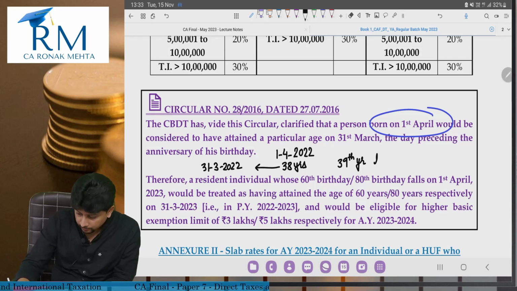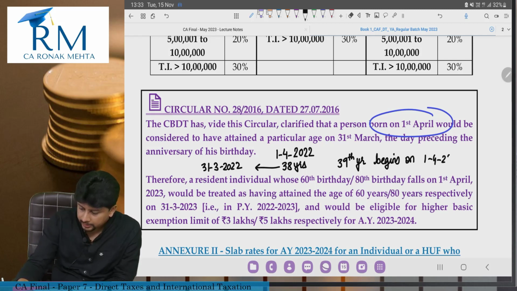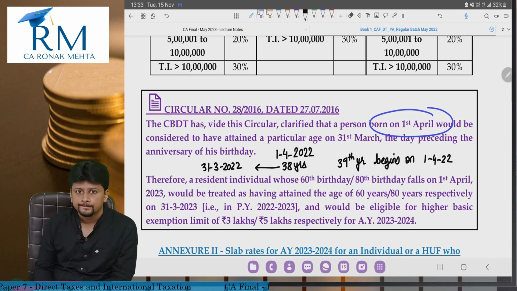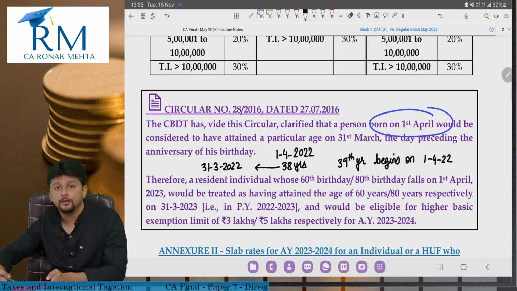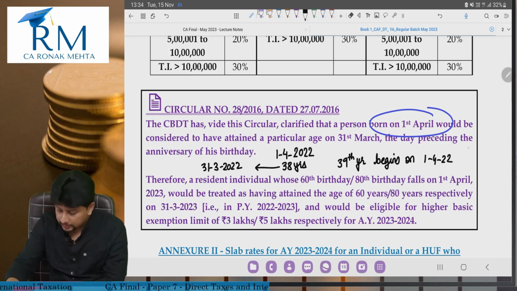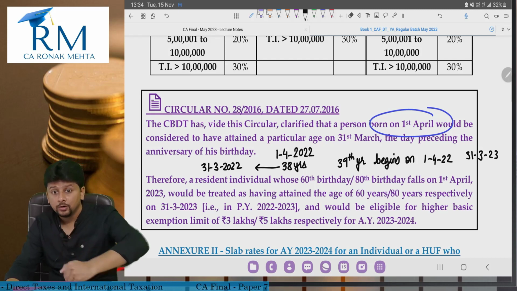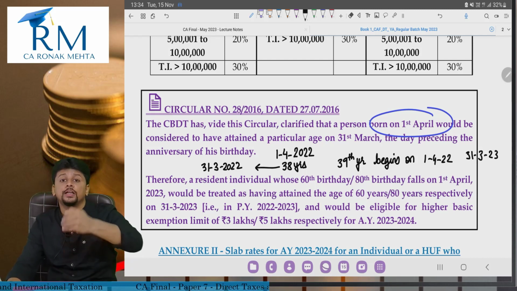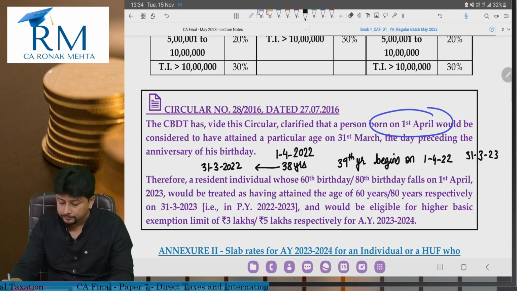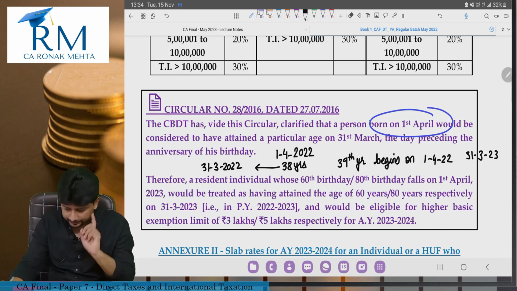The 39th year begins on 1st April 2022. On 1st April 22, my 39th year begins. On 31st March 23, I will complete 39 years and on the next day start the 40th year of my life. Sir, why is this so necessary?